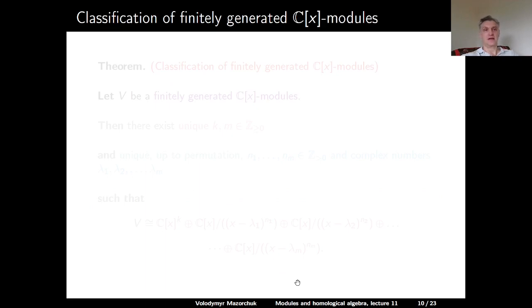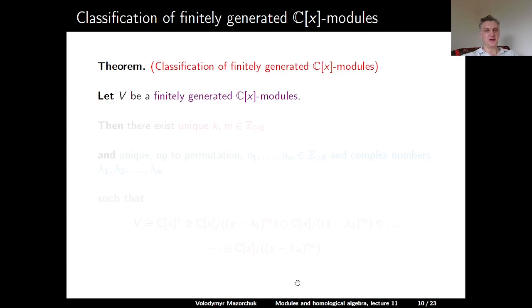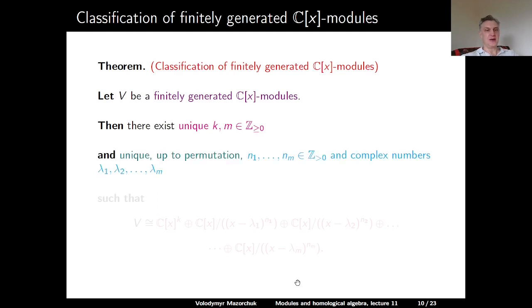Now we can formulate the classification theorem for finitely generated modules over complex polynomials in one variable. Theorem: let V be a finitely generated module over C[x]. Then there exist unique k and m, non-negative integers, and unique up to permutation positive integers n1 and so on to nm, and complex numbers lambda 1 and so on to lambda m, such that the module V is isomorphic to the direct sum of k copies of the regular module C[x], and then the direct sum of the following summands.